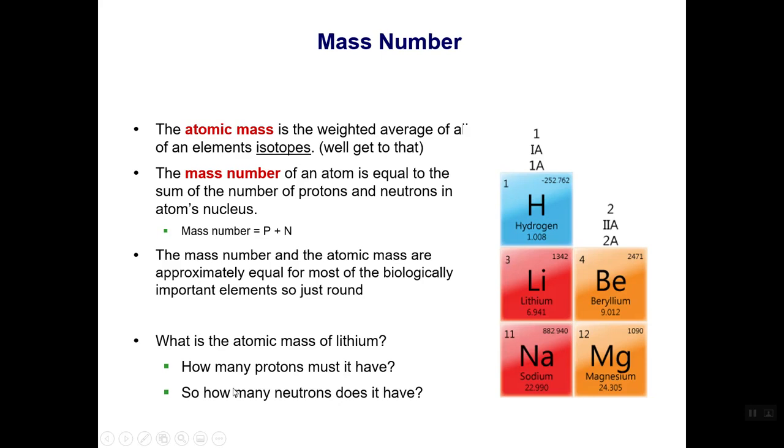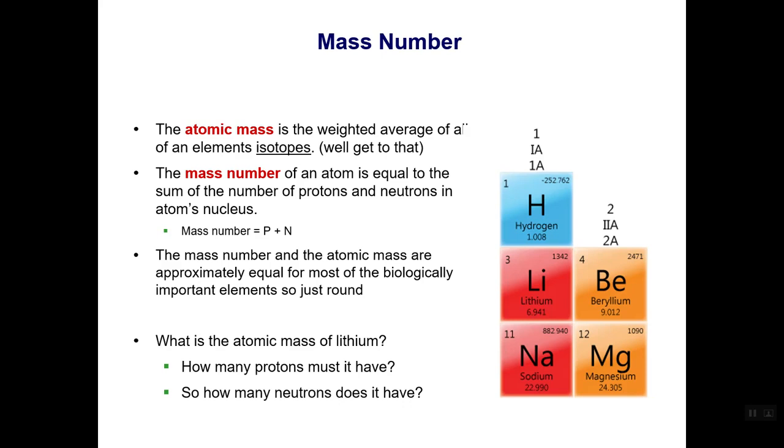Now I'm going to ask you, how many neutrons does it have? Well, in order to know that, you would need to take the mass number and set it equal to the number of protons plus n, and then solve for n. For the mass number, instead of putting 6.941, you'll just put 7. All you have to do is round.